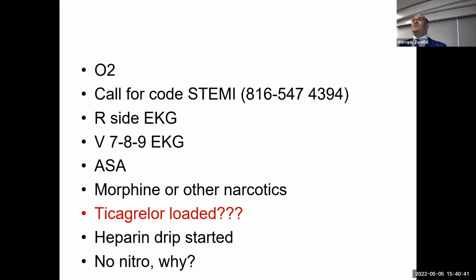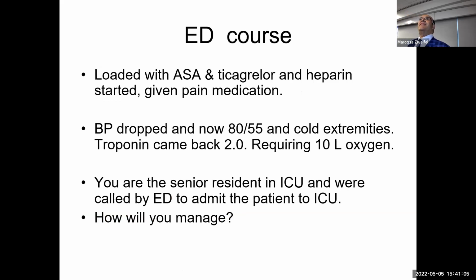Aspirin, morphine, or other narcotics. Ticagrelor loaded, if you think STEMI. But I always discuss with the intervention: do you want me to load with the ticagrelor? Don't give Plavix. Dr. Balija 2 days ago told you Plavix takes a long time to work, and certain people cannot convert the Plavix to the active metabolite, so they will not benefit from that. Heparin drip started and no nitro, and we discussed that.